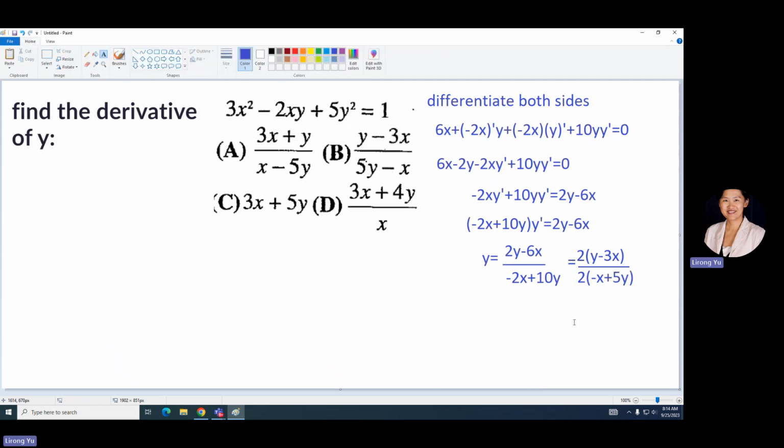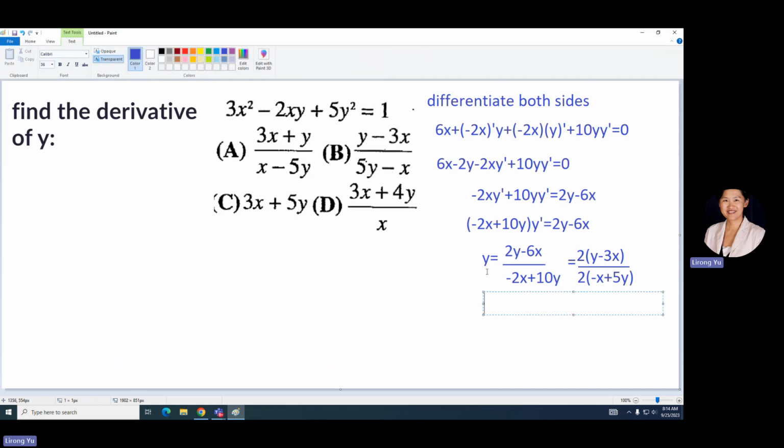All right. Of course, this 2 is a common factor, so we cancel the common factor, and that's supposed to be y prime. So y prime is equal to a division where the numerator is y minus 3x.